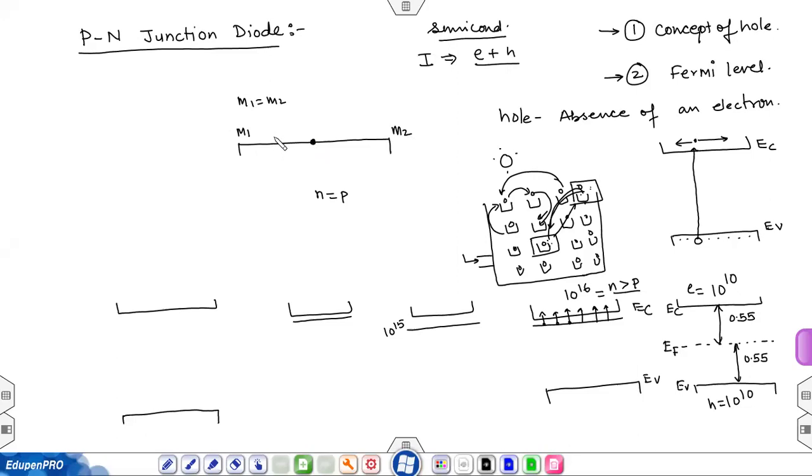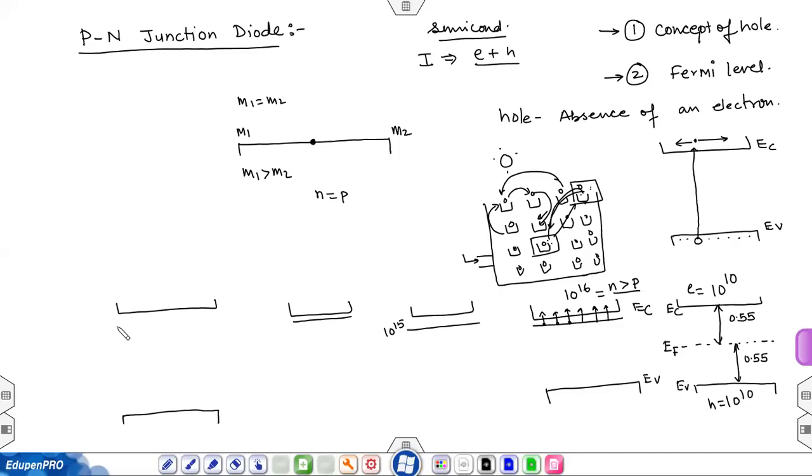Now, can anyone tell me if M1 is greater than M2, will the center point come close to M1 or away from M1? Close to M1. Similarly, with the same analogy, if we want to represent that more electrons are there, we should represent it by taking the Fermi level close to the conduction band, not away.